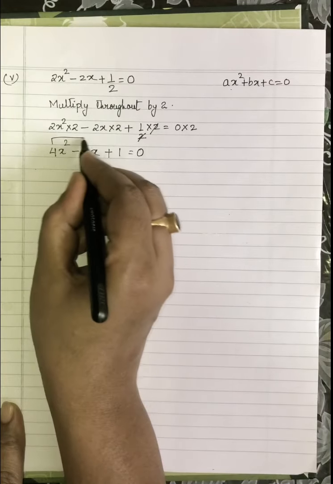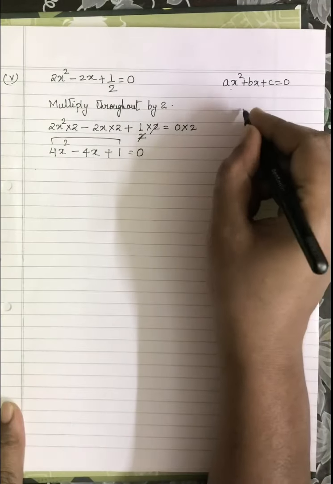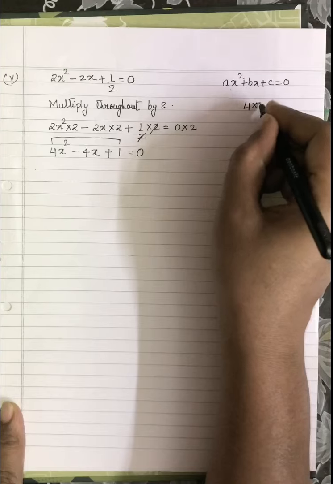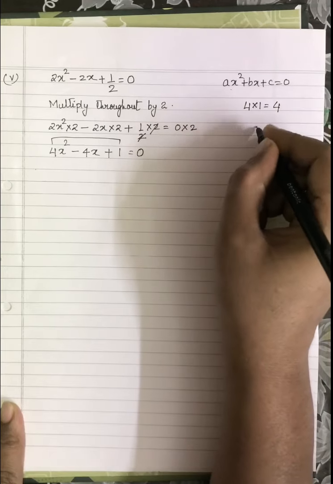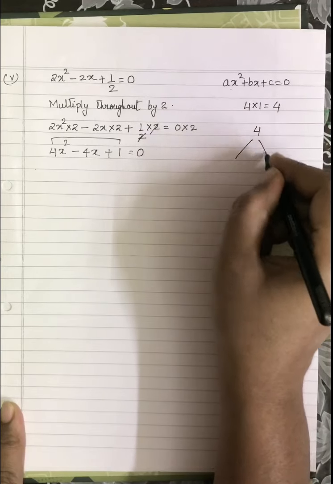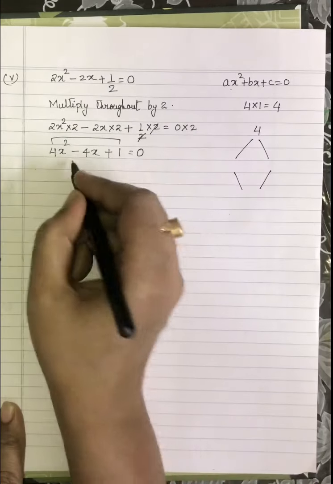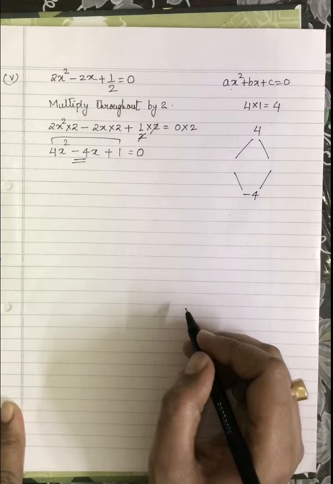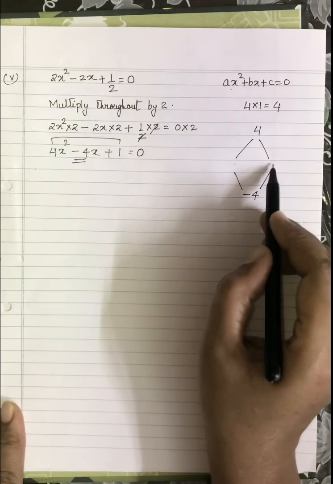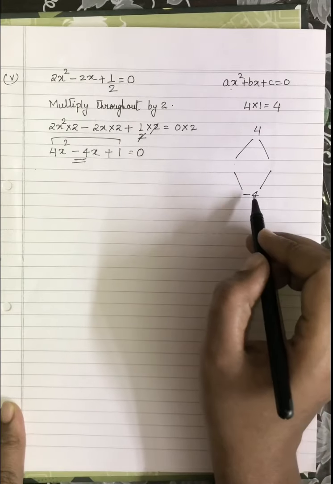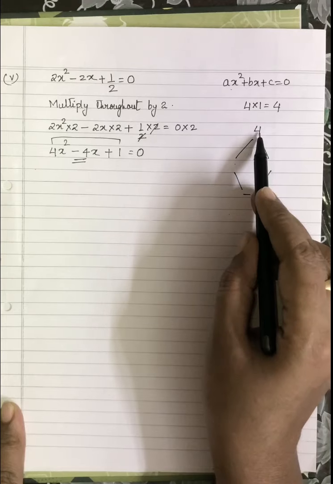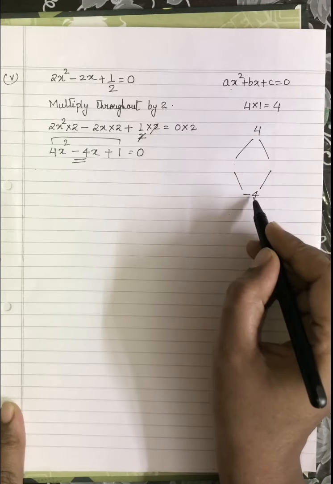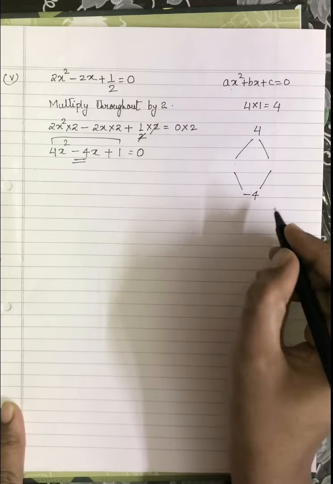So as usual, the product of the end terms, 4 multiplied by 1 gives you 4, and we make the diamond shape with the middle term at the bottom. Now what we are going to take here is numbers that give 4 after multiplication, and after addition or subtraction minus 4.